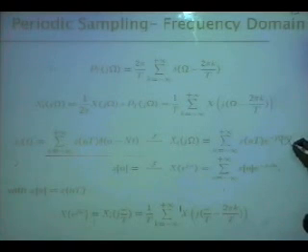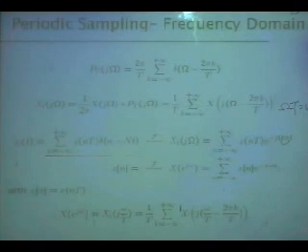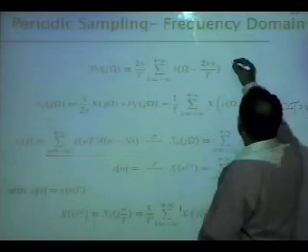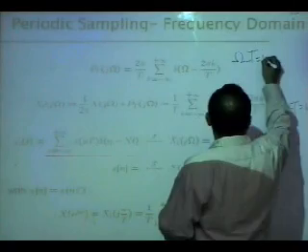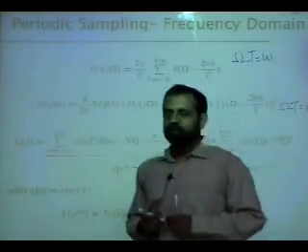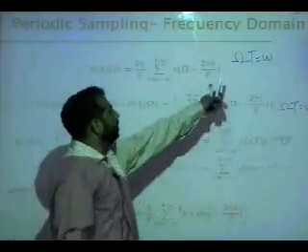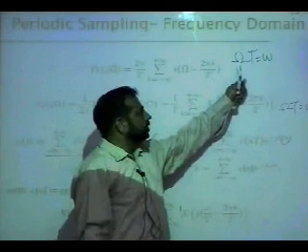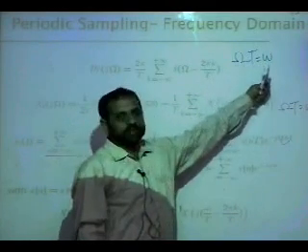And this omega into T, and this is the formula, is small omega. So capital omega into T is small omega. This is the relationship between continuous domain frequency and discrete domain frequency.